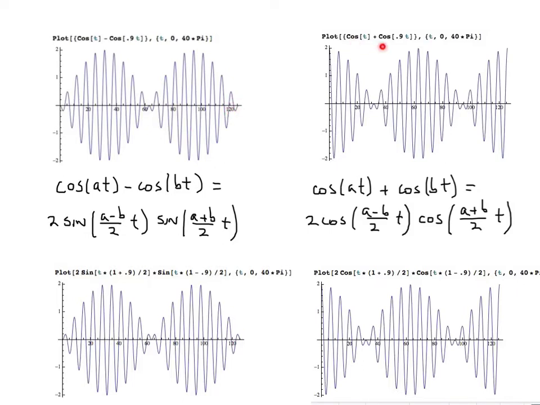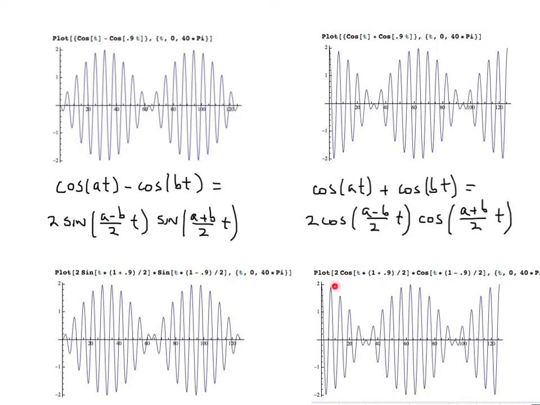Or if we added the two functions, cosine t plus cosine 0.9t, here's the corresponding trigonometric identity. Same basic arguments, but now we're working with cosines instead of sines.